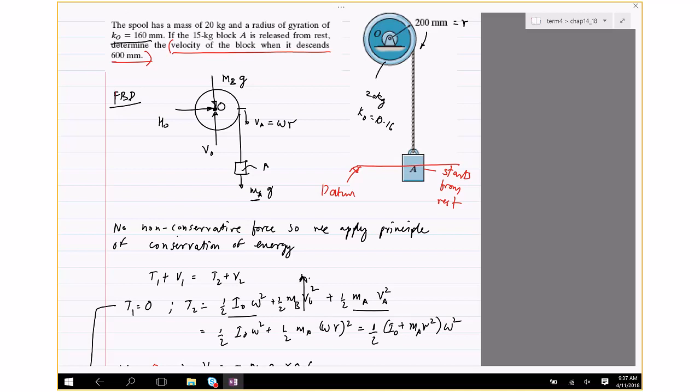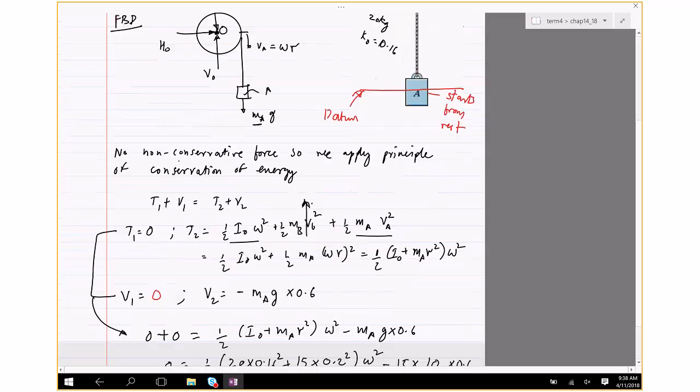Any other questions? So you could potentially do the same problem using principle of work and energy, right? T1 and T2 would be the same as what is given here. U12, the work done. So instead of writing potential of the mass, you would write the work done by the mass. And you should get the same answer. So you can totally do this by principle of work done.